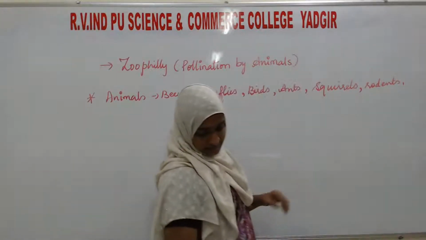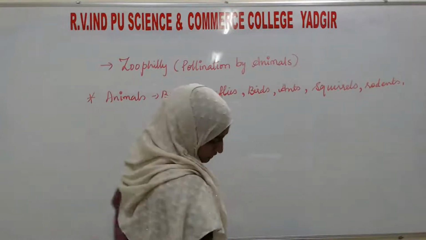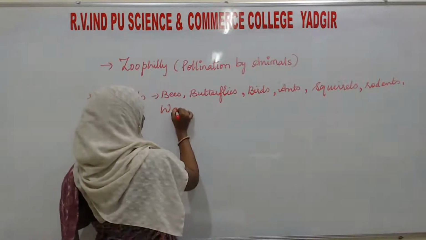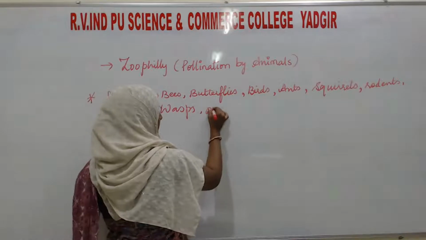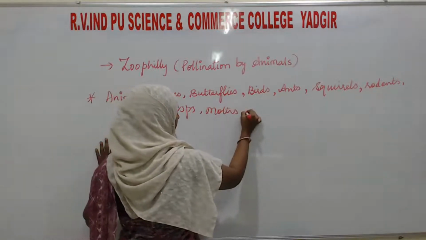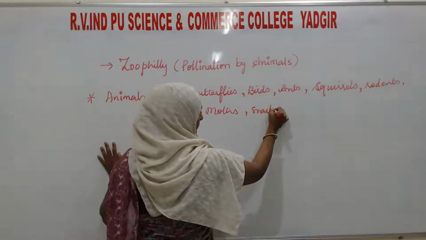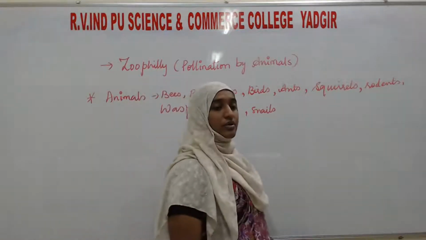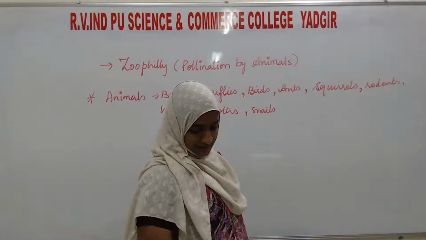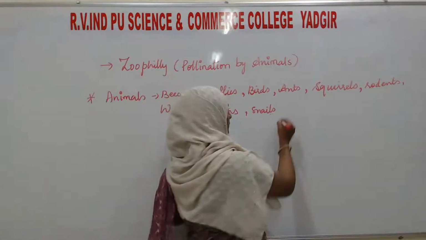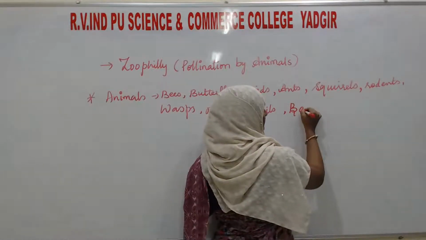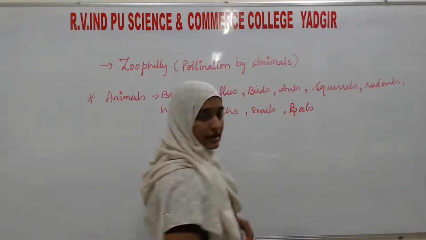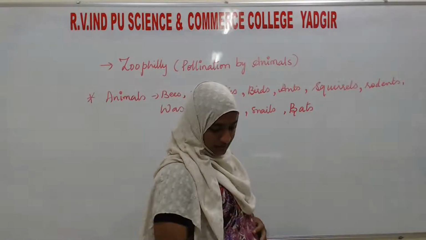Except these, there will be moths, wasps, snails. All these will act as pollinators, among them hummingbirds, then sunbirds, and some of the bats. Bats are also acting as pollinating agents.